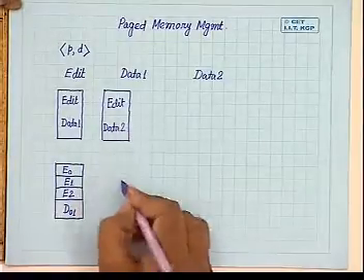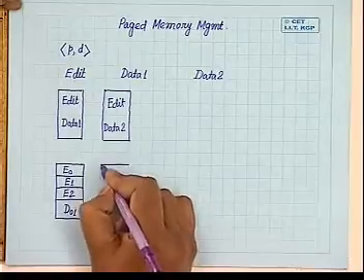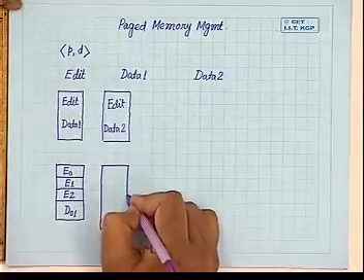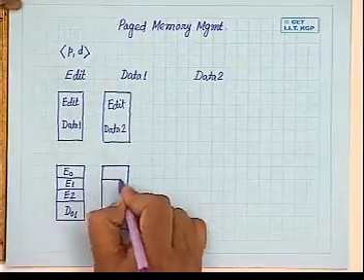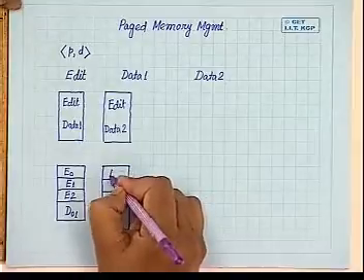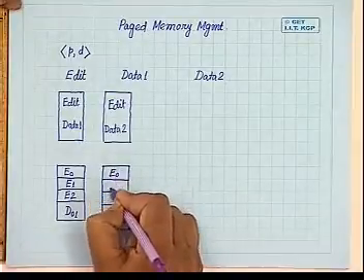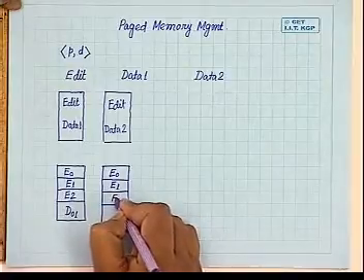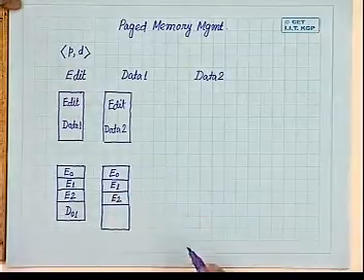Similarly for user 2, the logical address space can be broken in a similar way. The edit code will remain the same, so it will be the same E0, E1 and E2. These are the pages corresponding to the edit code.